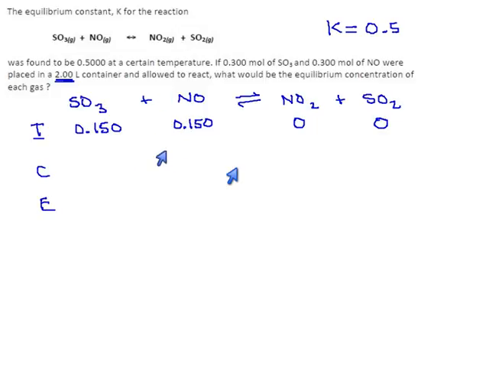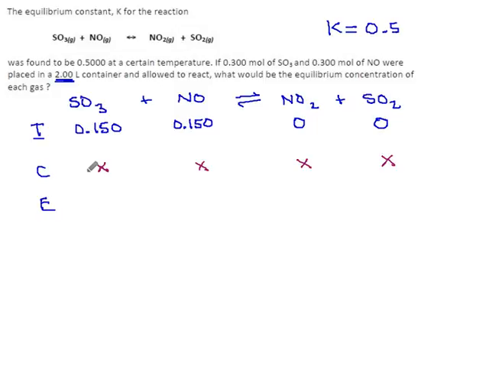The way we can set this up is we know a certain amount of SO3 is going to get used. I don't know how much. Let's just call it X. Now, in this case, it's nice. All of these species have coefficients of 1. So if they're all 1 to 1 to 1 to 1, that means these numbers are all the same. So we can say they're all X. Both of these went down by X, and the NO2 and SO2 went up by X. And from that, we can write equilibrium amounts.